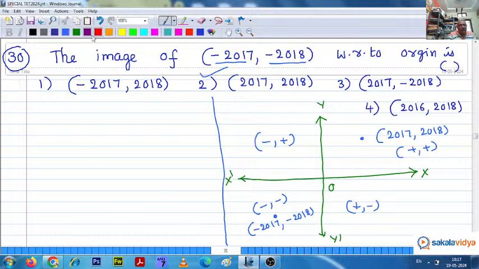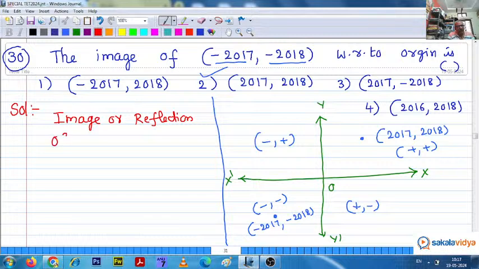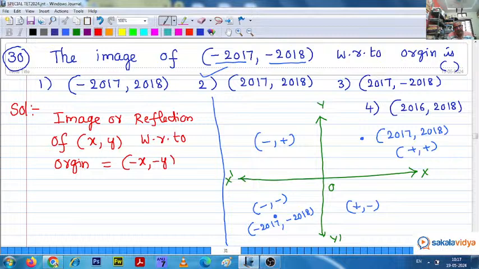Other method means shortcut, you remember, the image or reflection of x comma y with respect to origin is equal to multiply both coordinates with -1, that is -x comma -y.